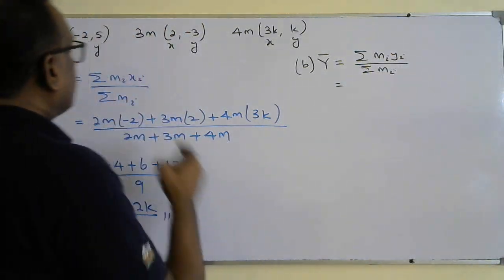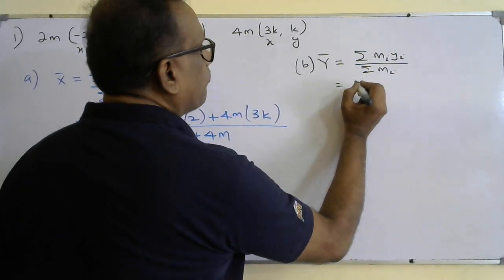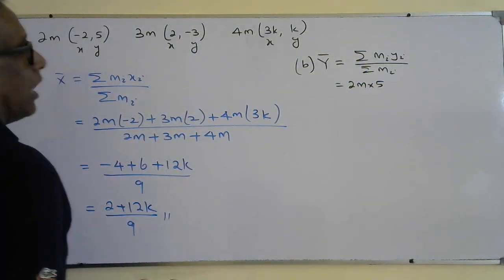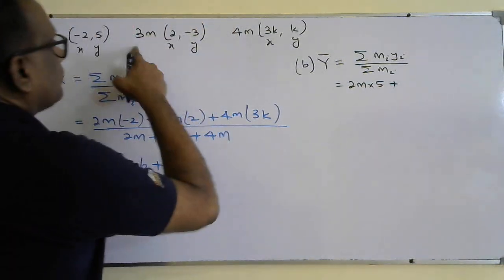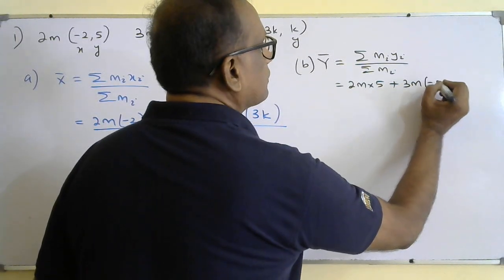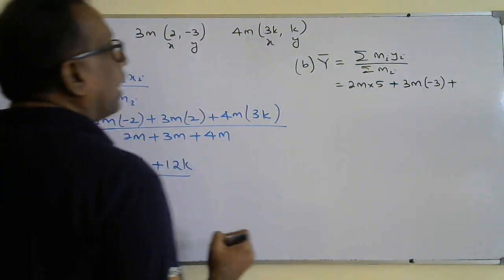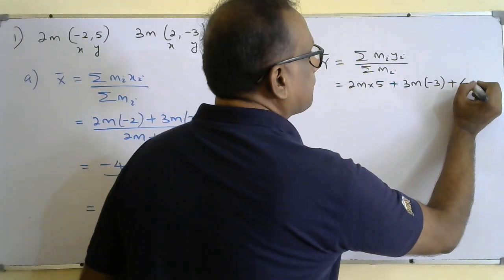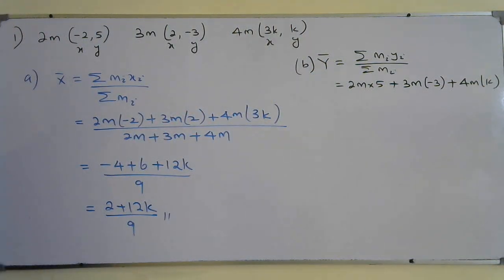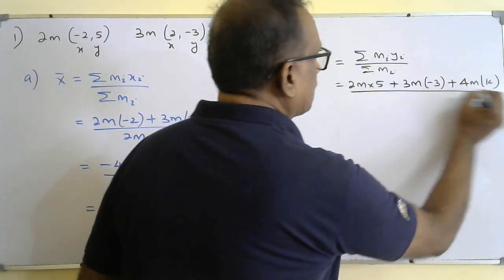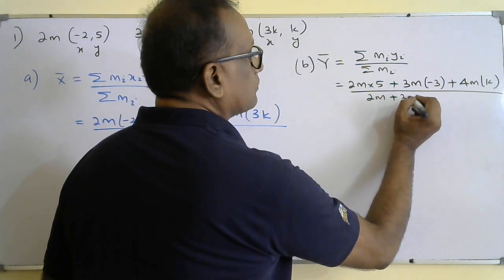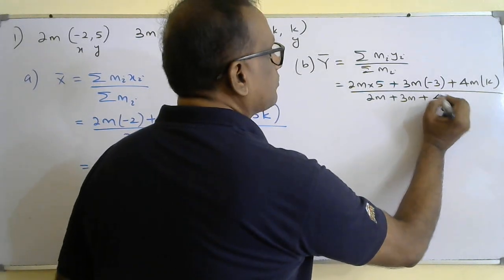So mi yi, that is 2m into 5, plus 3m into minus 3, plus 4m into k, divided by total mass, that is 2m plus 3m plus 4m.